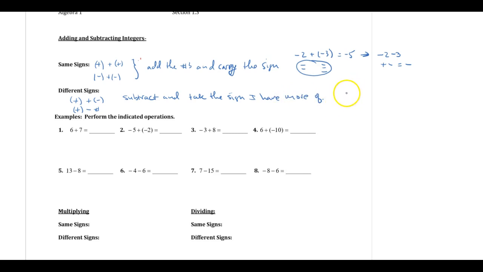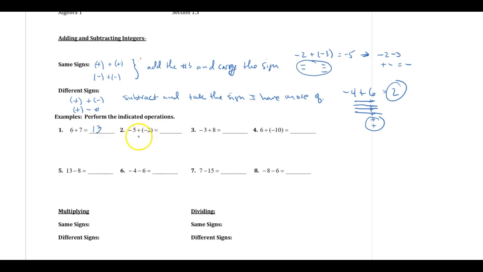For instance, if I'm doing -4 plus 6, I have 4 negatives here. I have 6 positives. Remember, a negative and a positive wipe each other out. So what do I have left here at the end? I have 2 positives, so -4 plus 6 is +2. Or if I subtract, I get 2. I have 4 negatives, 6 positives. What do I have more of? Positives.